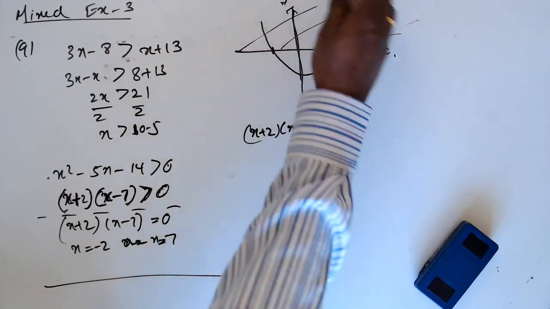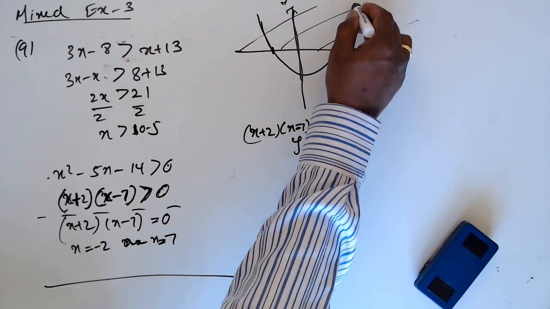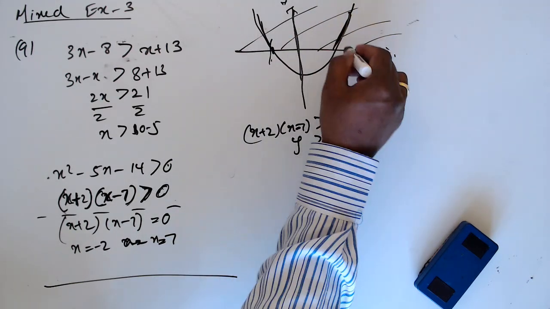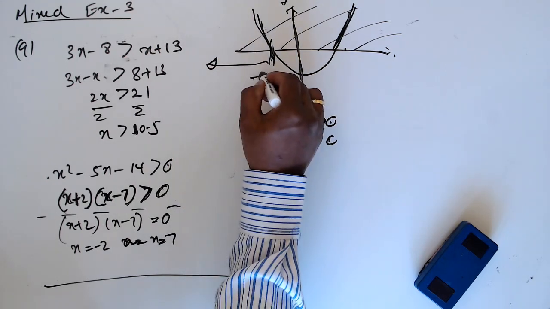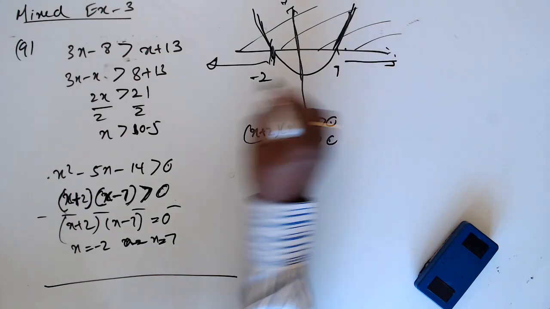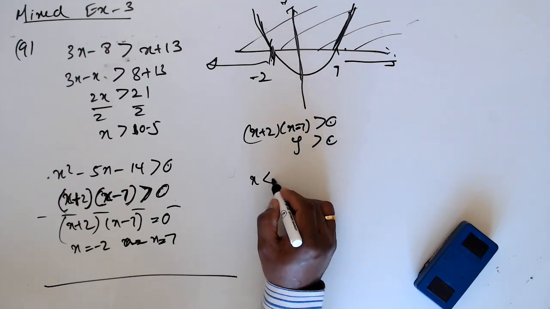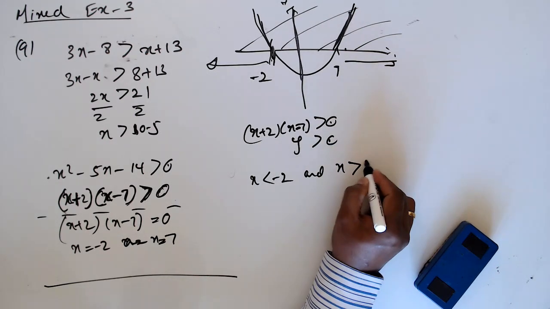If you look at where all the y values are positive, from the graph it is going to be those parts. In terms of x, this is minus 2 and this is 7. So x less than minus 2 and x greater than 7.